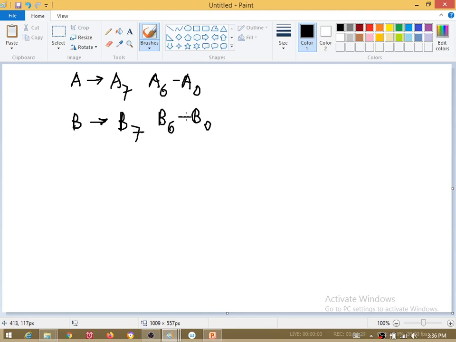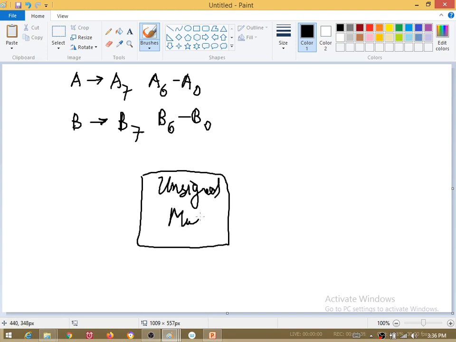Because they are denoting the sign of your number, whereas A6 to A0 and B6 to B0 are representing the magnitude of your number. So what I can actually do is, I can say that I will use an unsigned multiplier, which has two inputs, both of them are 7 bits. So I am going to multiply the magnitudes A of 6 colon 0 and B of 6 colon 0.